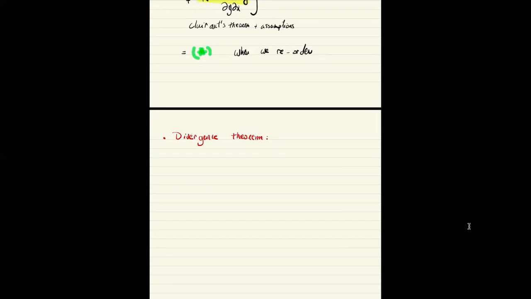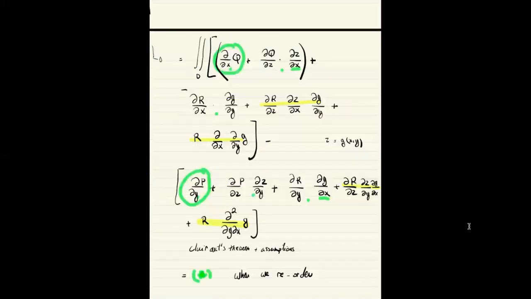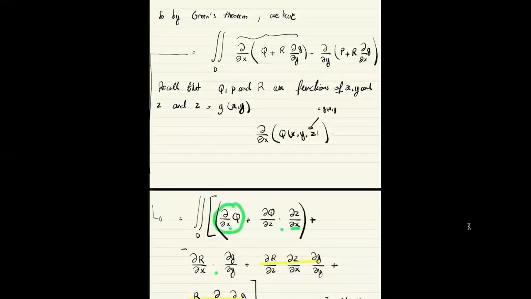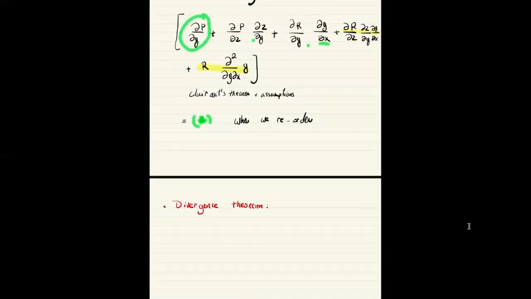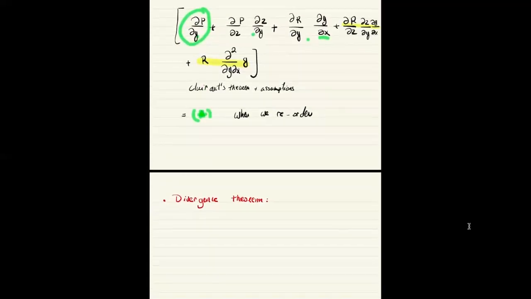Stokes theorem gives a relationship between the line integral over the boundary of a surface, okay? And the surface need not be closed, right? And it needs to have a boundary, okay?